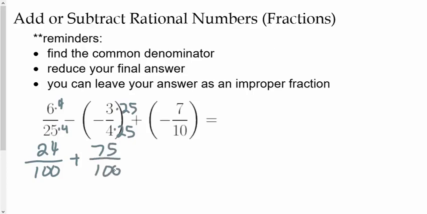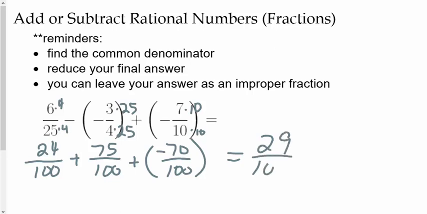And finally, 10 times 10 is 100. 7 times 10 is 70. I'm going to add 24 100ths plus 75 100ths, and that is 99 100ths. 99 100ths plus a negative 70 100ths is going to give me 29 100ths.